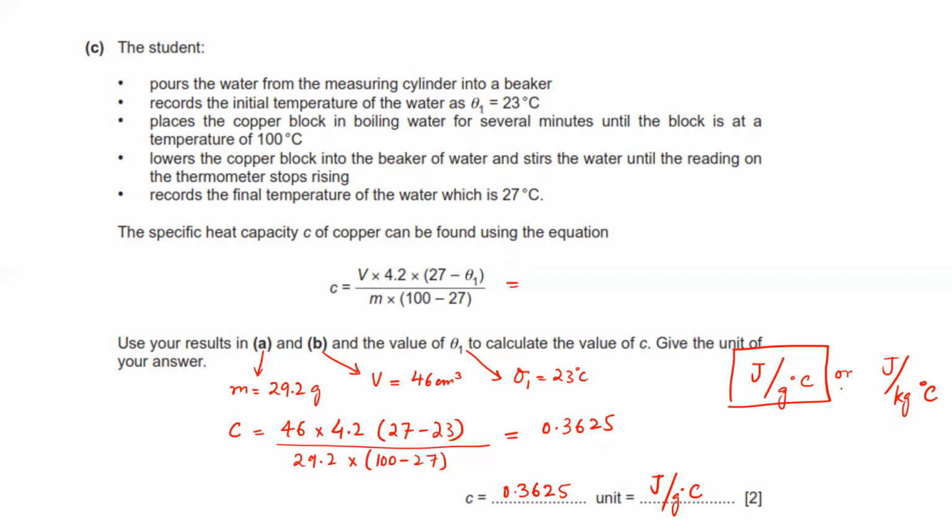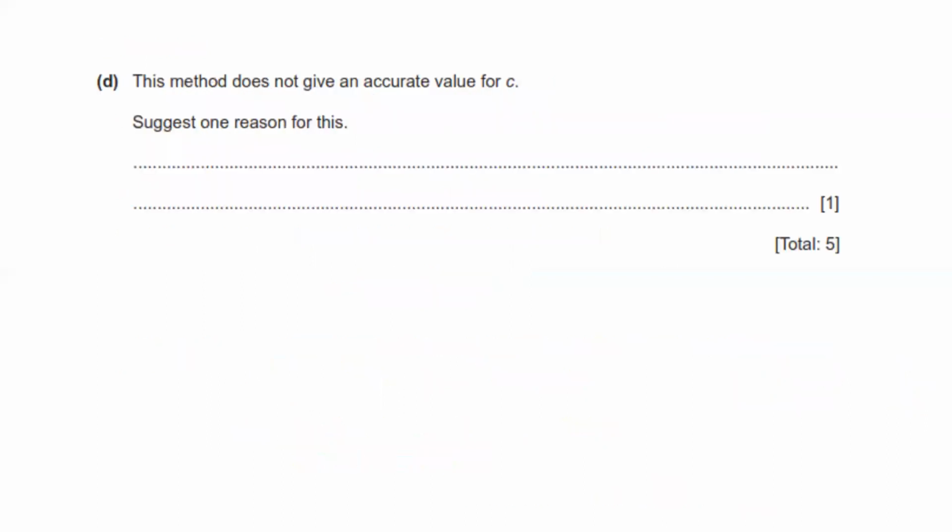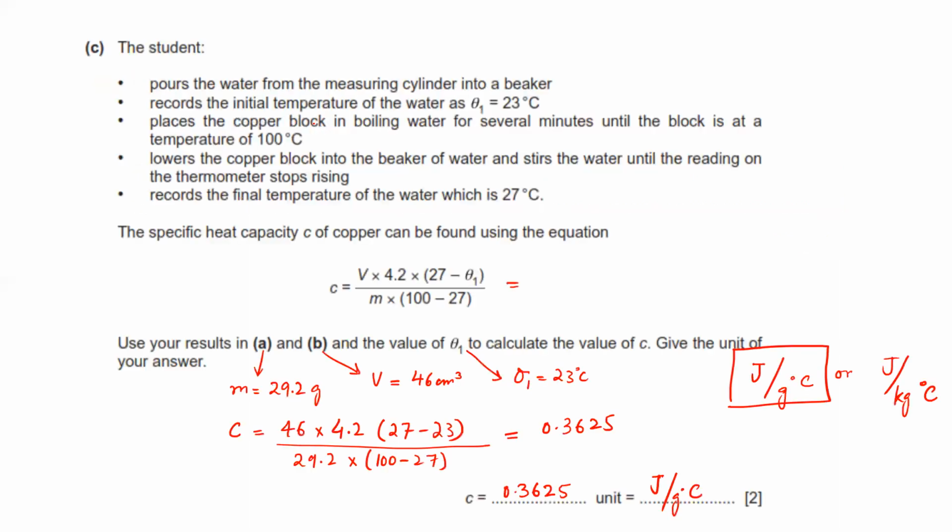But anyways, okay. So part D of this question says the method does not give the accurate value of C. Suggest one reason for this. So remember, there can be many reasons. So what is the student actually doing? He is taking the heated copper block and placing it in water.